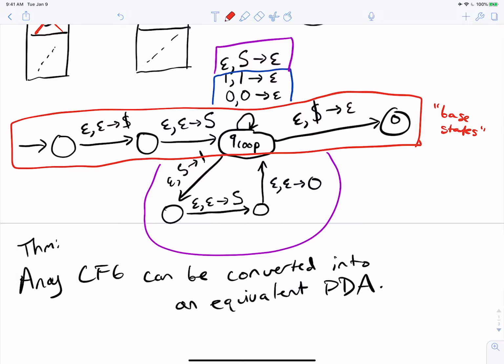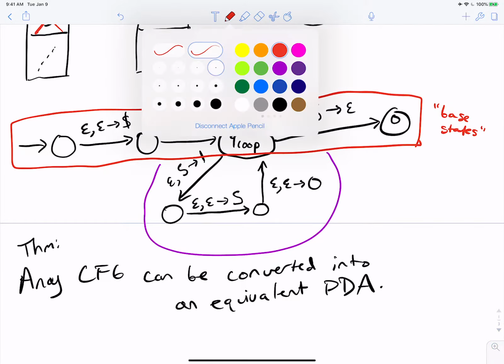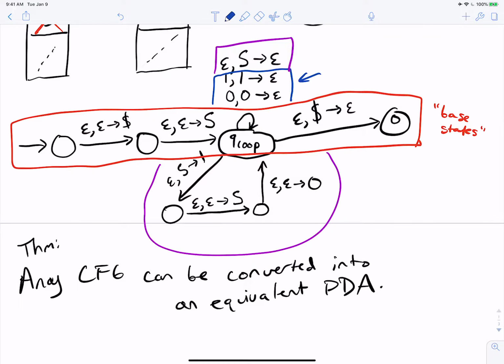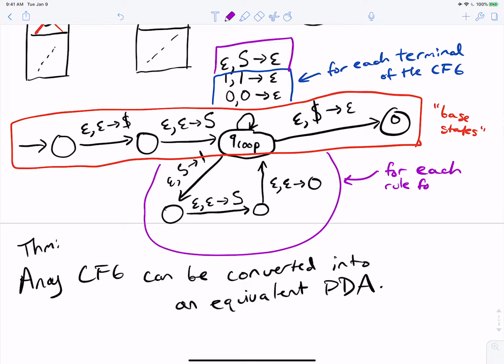So these four are in there regardless of the grammar at all. The blue ones are for each terminal of the CFG. And the purple ones are for each rule of the CFG.